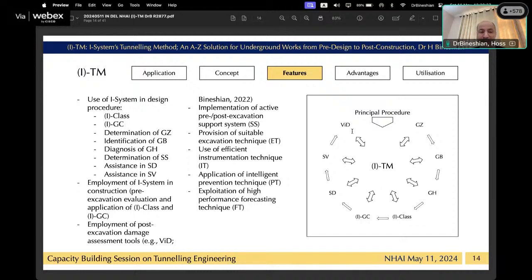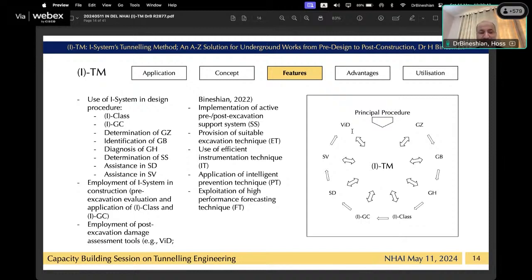Employment of I-system in construction means that during your advancement, in every pool that you get, you will be measuring I-system and you are redesigning in less than 4 minutes and you are moving ahead.